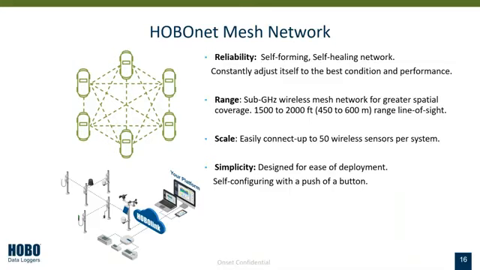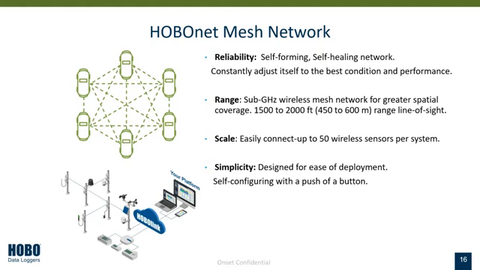What's great about this is that it's a mesh network system. It makes it extremely affordable, and it does so through a self-forming, self-healing network. With that self-healing network, it will constantly adjust to the best conditions for performance.